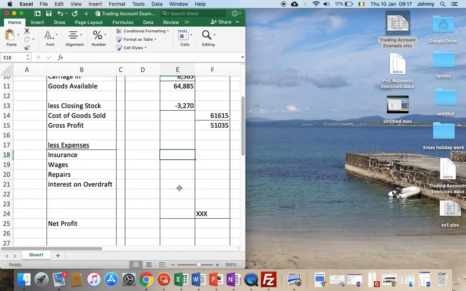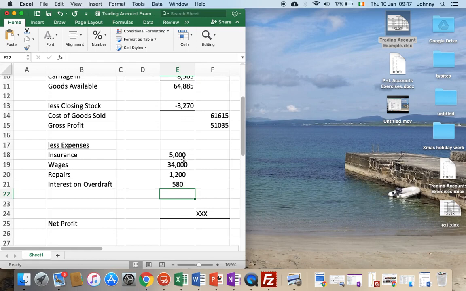So if I put in some numbers here, let's say insurance is €5,000, wages is 34,000, repairs is 1,200, let's say, and interest and overdraft is €580. Now, we have the same problem we had before. We could make a mistake.